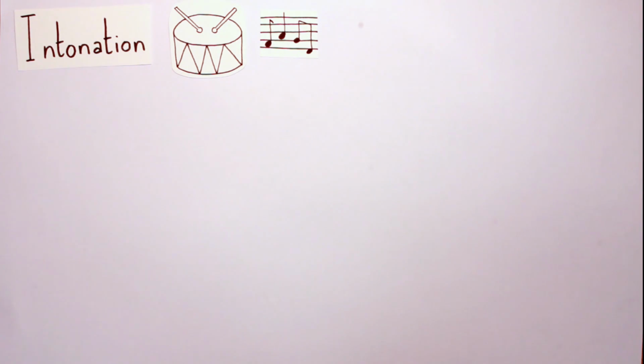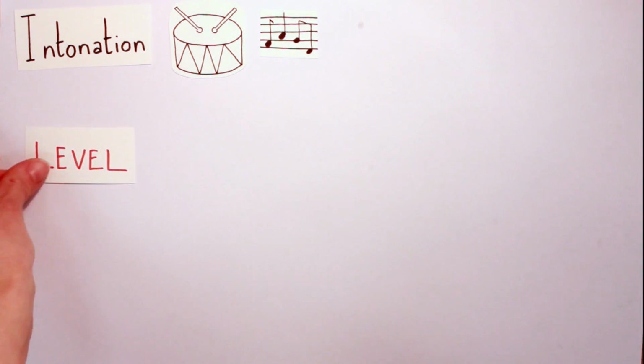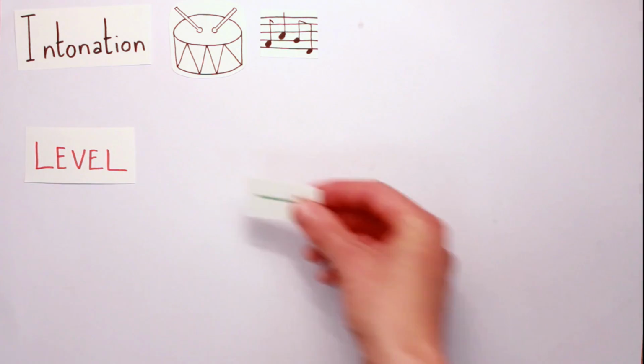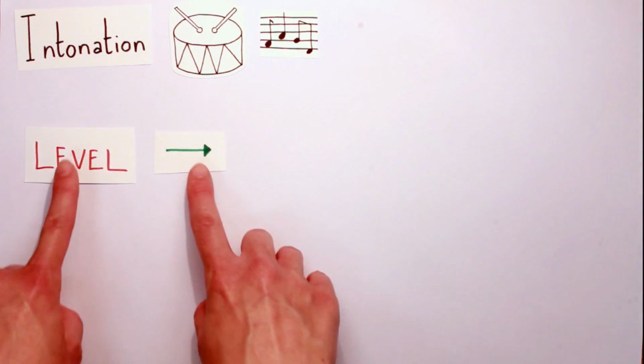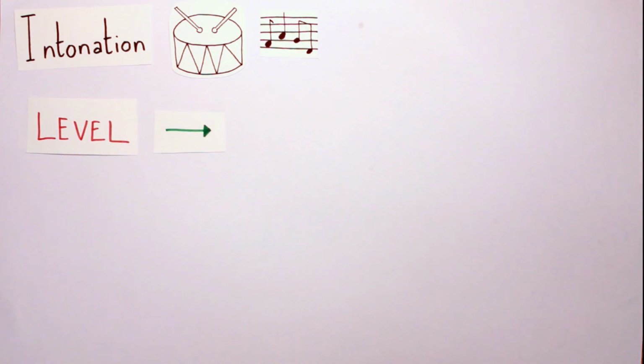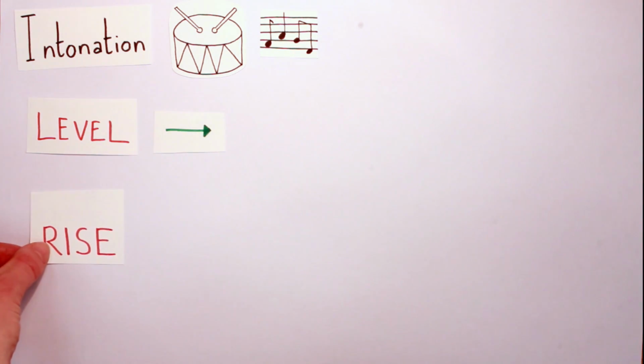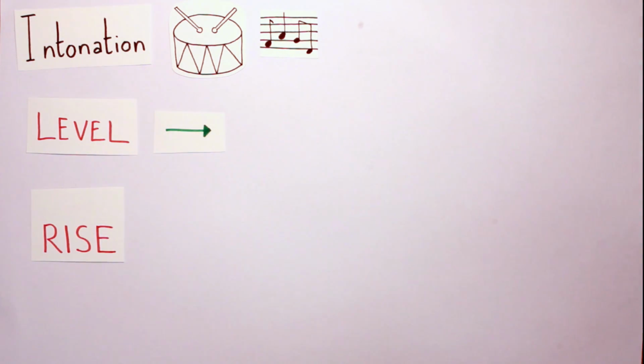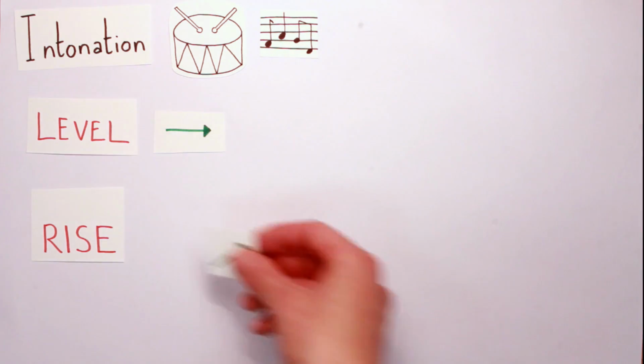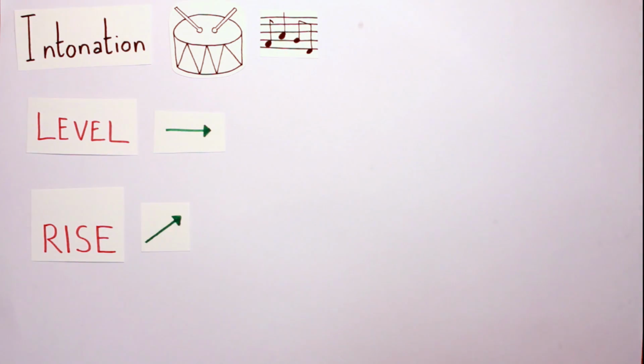Now there are three basic types of intonation. There is level intonation. That's when your voice is simply quite flat, monotonous, you might say. There is intonation that goes up. So when your voice goes up, that's called rise. And there is fall.